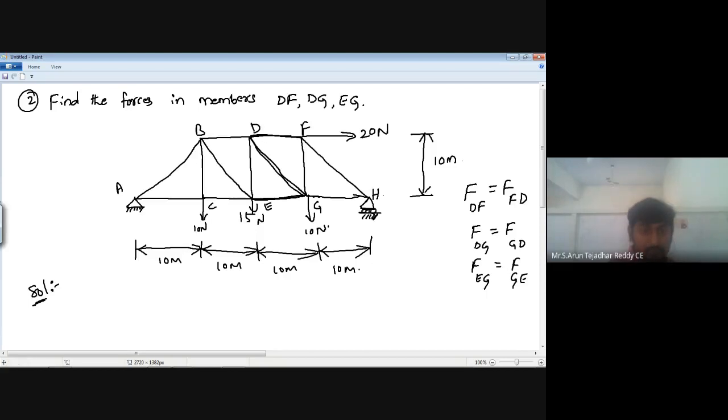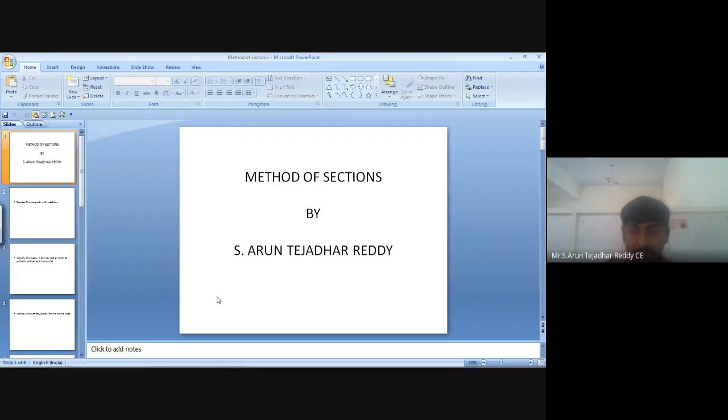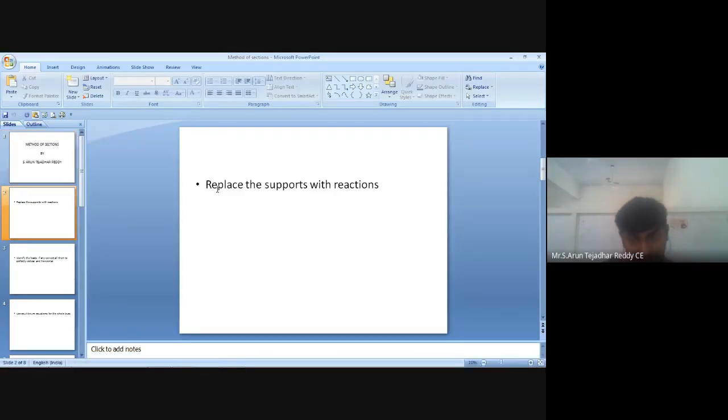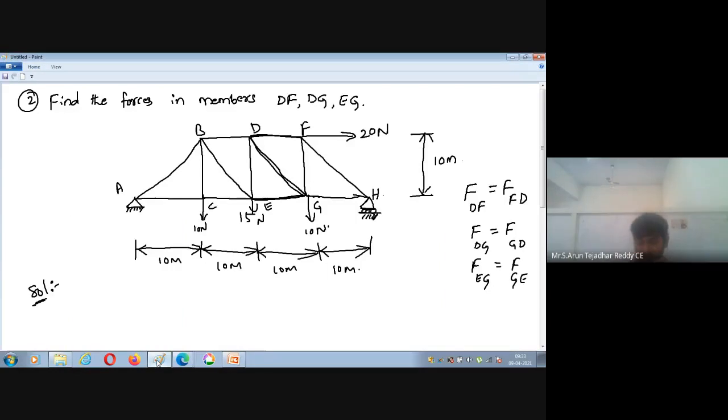First of all, in the method of sections, what is the first step? Replace the supports with reactions. In this diagram, first find how many supports are acting here.